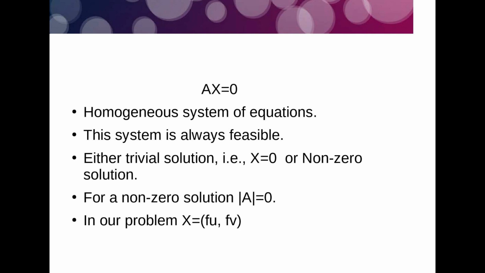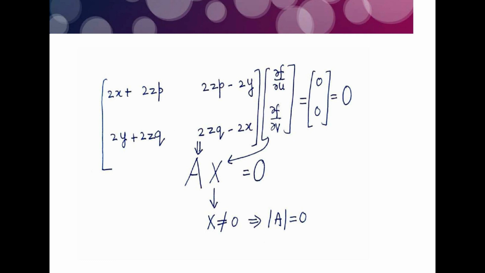And if it has a non-zero solution, then the determinant of A will be 0. So whatever we did in the numerical problem is exactly the same as saying that the determinant of matrix A is 0. So equation number 2 and 3 in the previous example can be rewritten in this form. See this expression carefully.